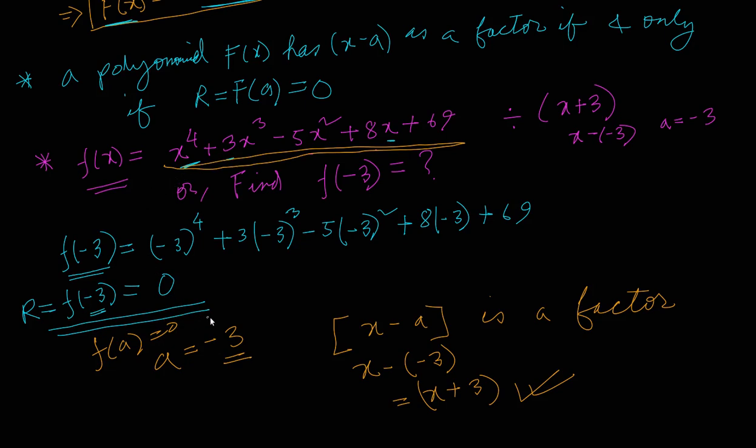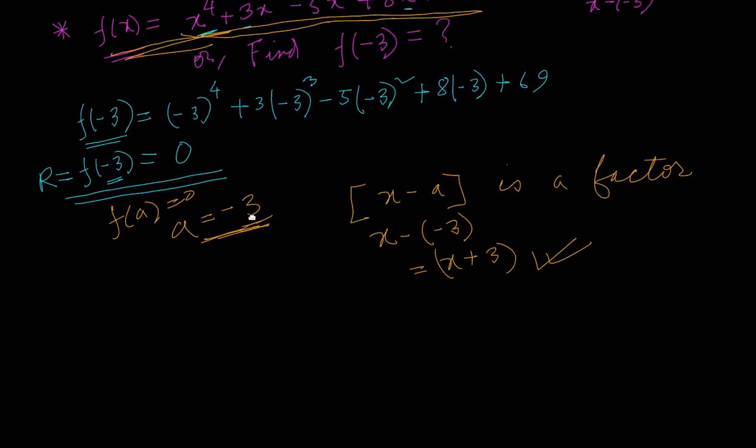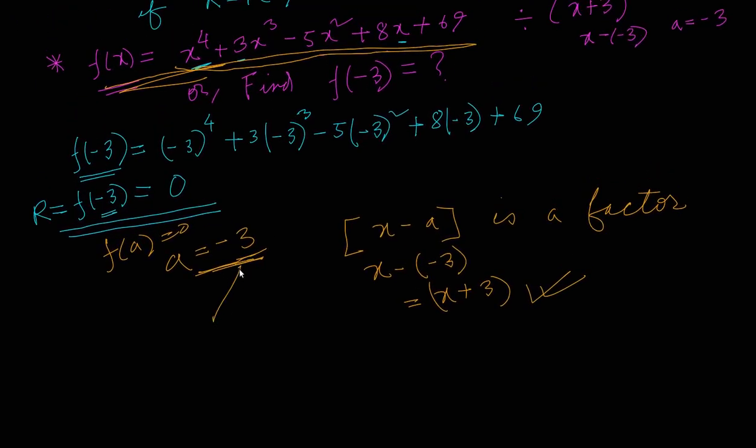Actually we will learn in the next problem that a equal to -3 is the x-intercept of this particular function, the x-intercept or real zero of the function.